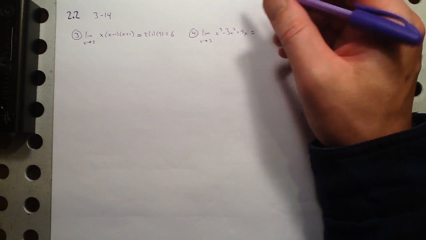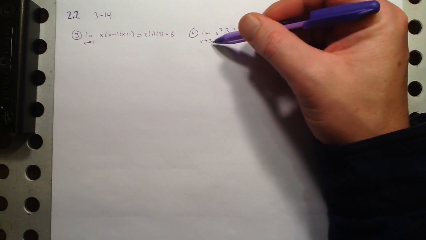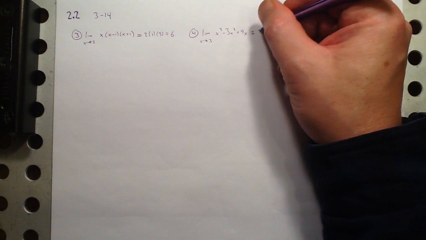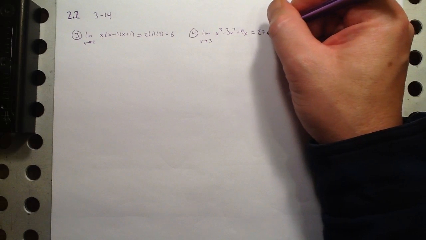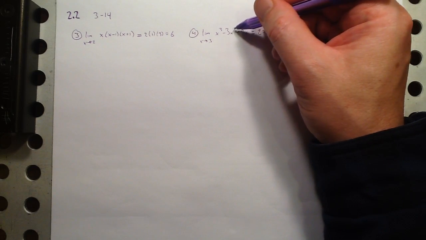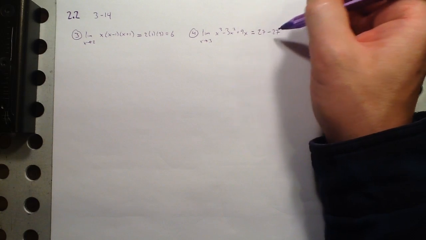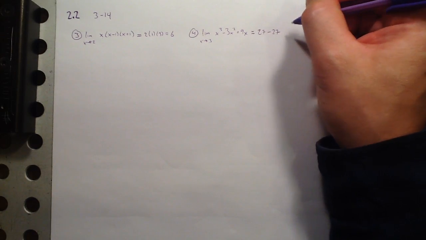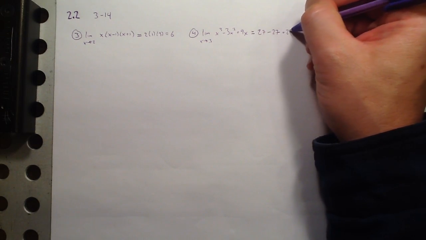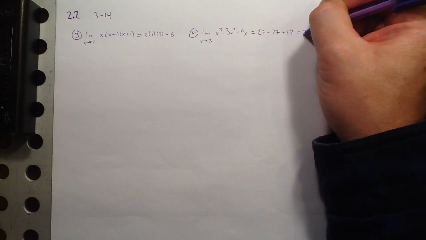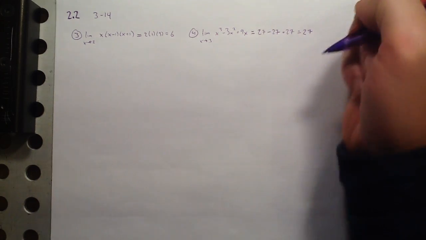There's no denominator, so there's no chance of any issue here. So 3 cubed is 27, minus 3 times 3 squared, which is also 27, plus 9 times 3, which is also 27. So the answer is 27.